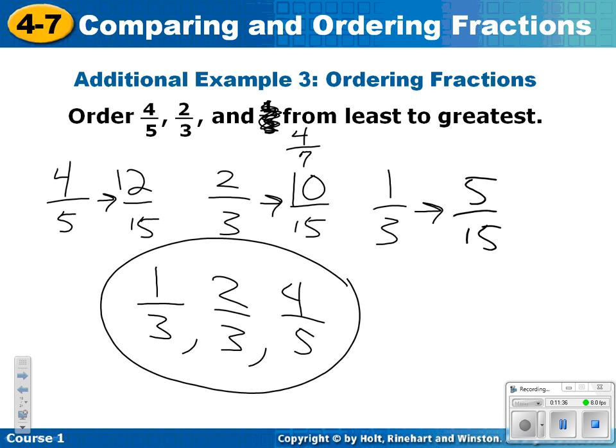No. 105. How'd you figure that one out? You multiplied all of them. So if you multiply all three of these, you will get a common denominator. It's going to be big, but it will work.